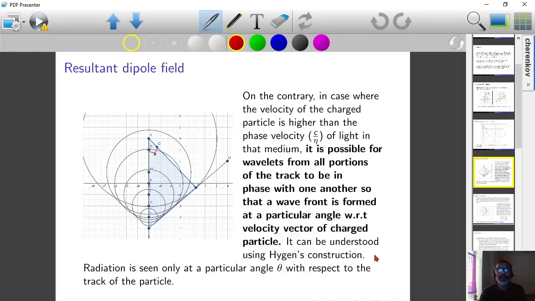It can be understood using Huygens construction. Radiation is seen only at a particular angle theta with respect to the track of the particle.